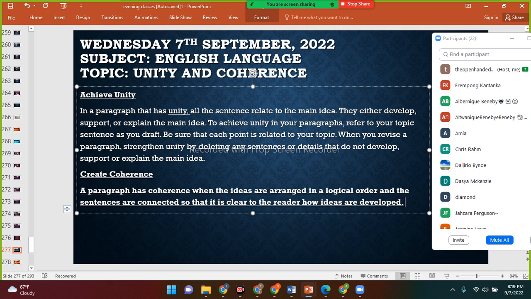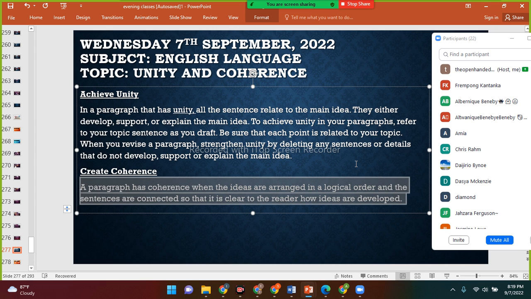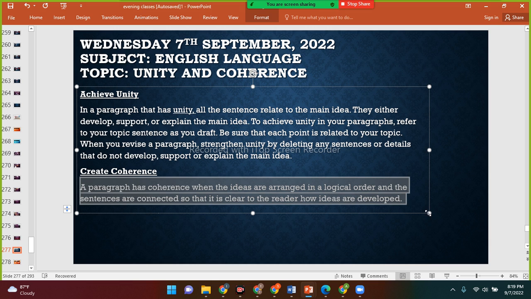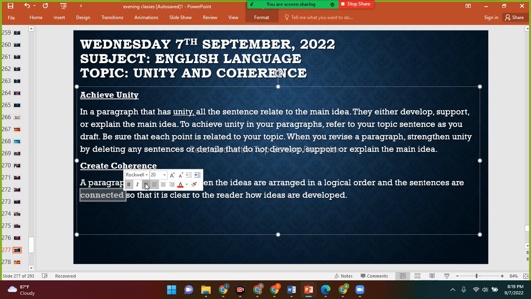So what I usually tell my students is that when you write a next sentence, I must be able to see a link between the previous sentence and the sentence that you're about to write. That's what we mean by coherence. Coherence is that all your sentences are connected to one another.